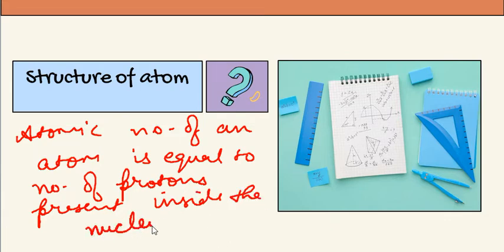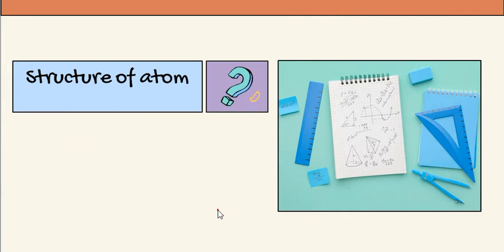For example, if oxygen has atomic number 8, then this 8 is the number of protons present inside the nucleus of an oxygen atom.